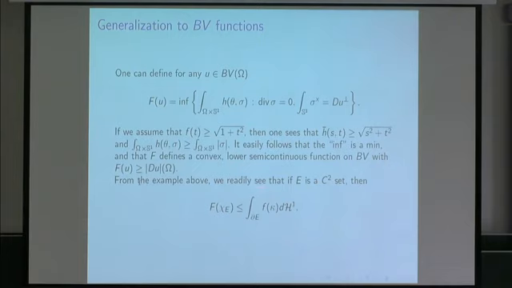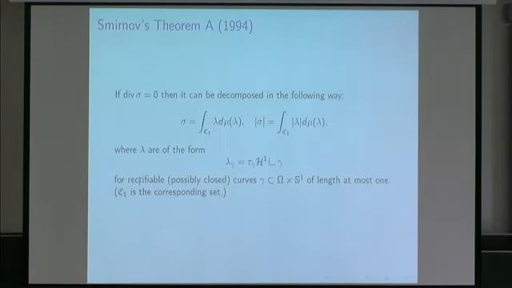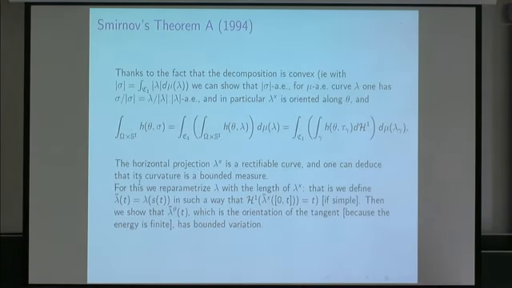So we start with a measure with zero divergence, we decompose it into curves, we look how these curves intersect with the initial C2 set, and if you study this a little bit, you see that when the curves intersect with the initial C2 set, then the curvatures coincide.